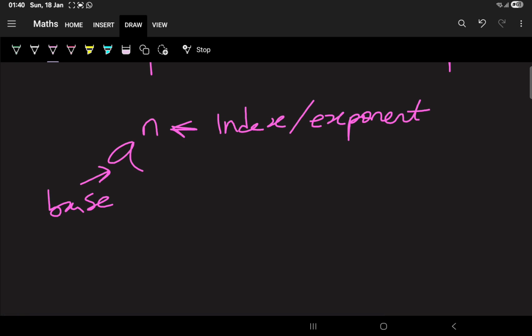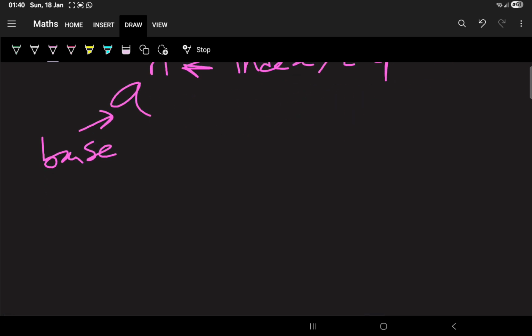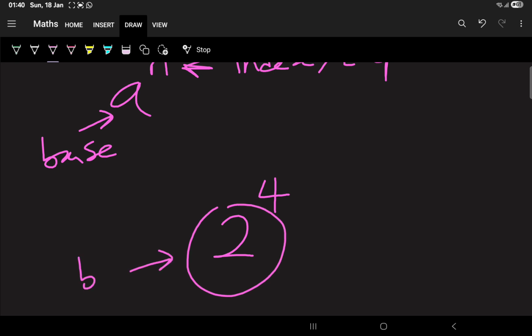In numerical terms this can be expressed, for example, as 2 raised to the power of 4. 2 here will be taken as the base number and 4 as the index or exponent.